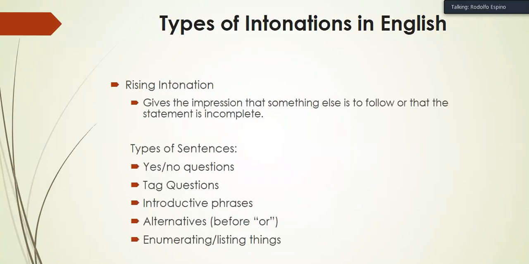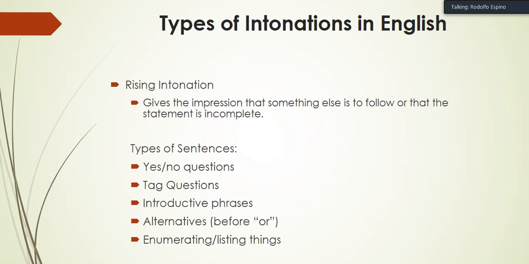And then we have rising intonation, which gives the impression that something else is to follow. As I said, it kind of gives you the sense that I haven't finished. For example, if I tell you, something I really like, and then I finish the sentence there, it's like you're expecting or waiting for something else to go after I told you that, because I put the intonation up.